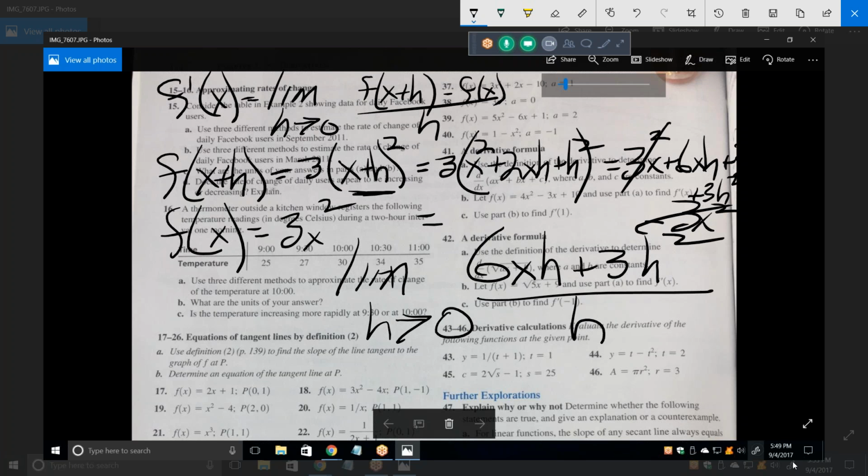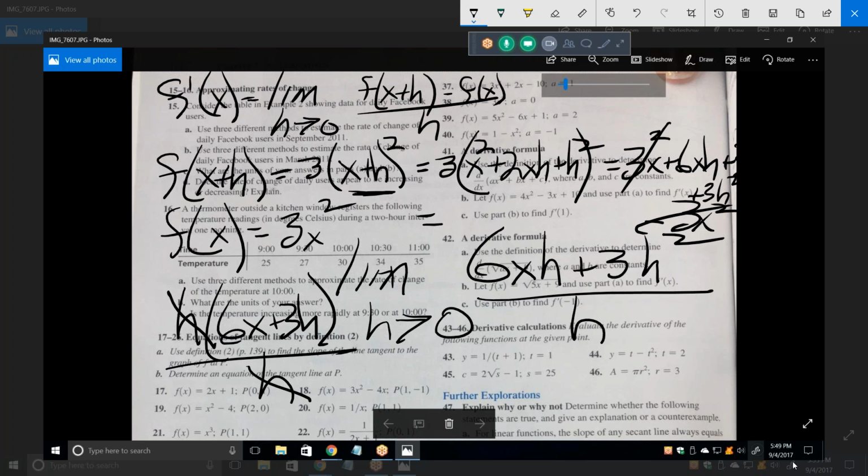Well, so what am I going to do? Notice that that's 0 divided by 0 if I do direct substitution. So I can take out h, though. You factor out an h. So it would just take me to 6x plus 3h. And then as h approaches 0, it's 6.